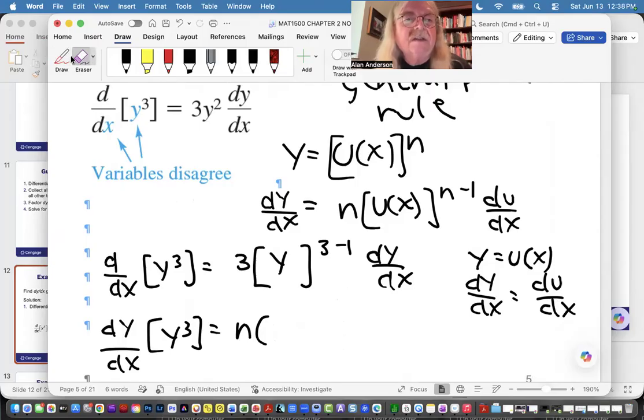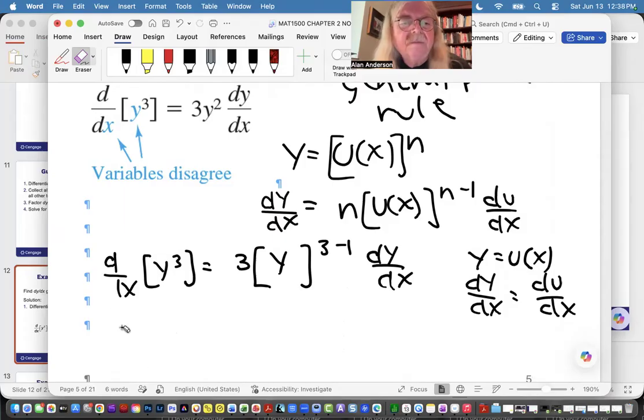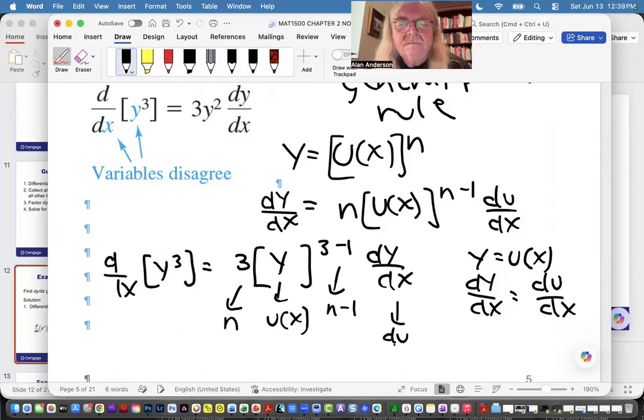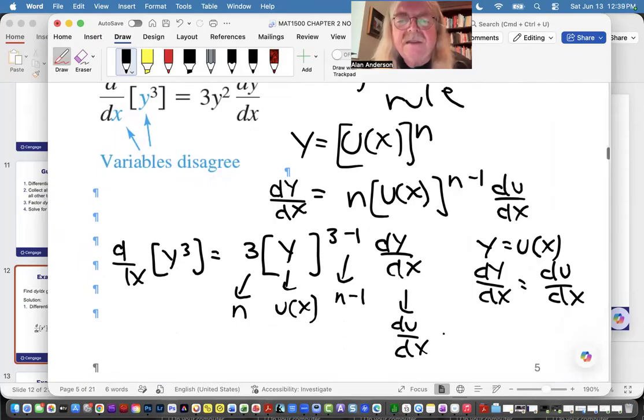Let's do it like this. Let me just identify each of these terms. Okay, so it's the same thing. You can see that we're applying the general power rule, except with y instead of u of x. That's the only real difference.